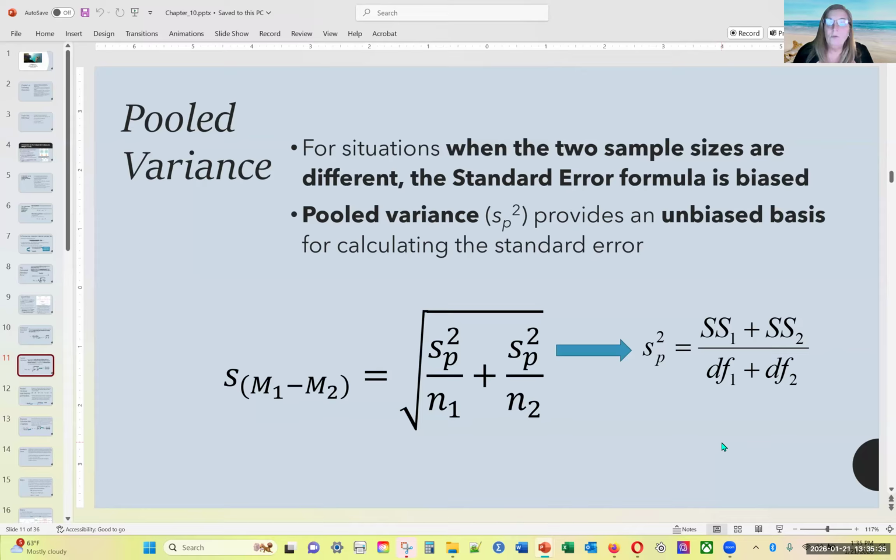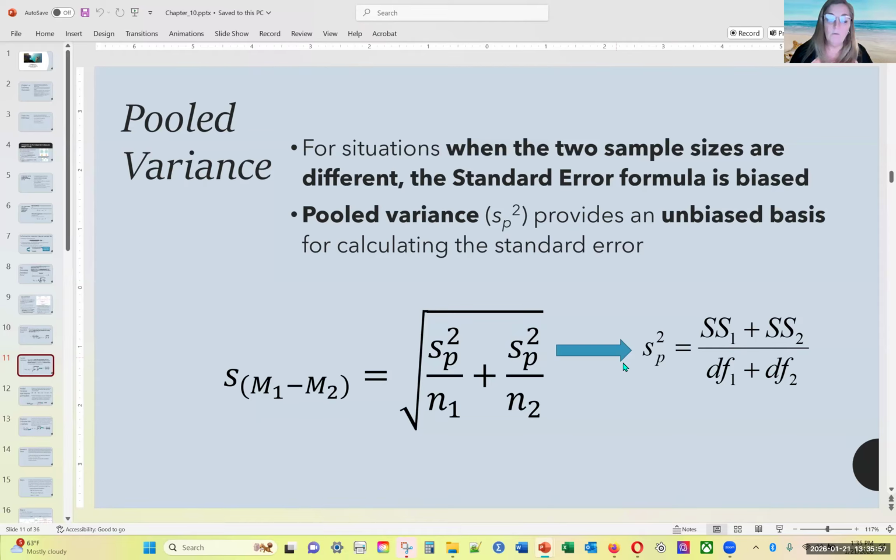So when the two sample sizes are different, the standard error formula is biased. So we have to use pooled variance, and it provides an unbiased basis for calculating the standard error. And so you can see here, we would use degrees of freedom.